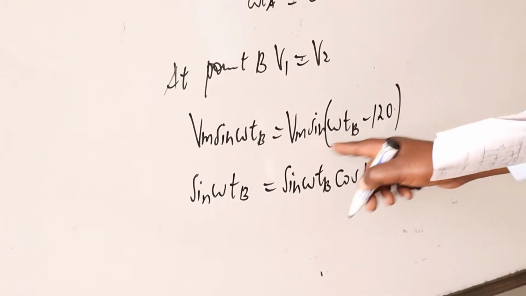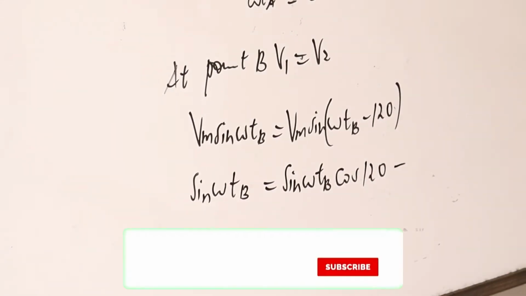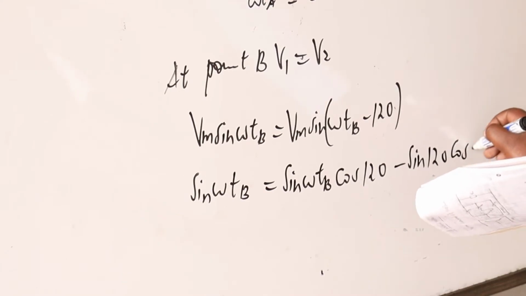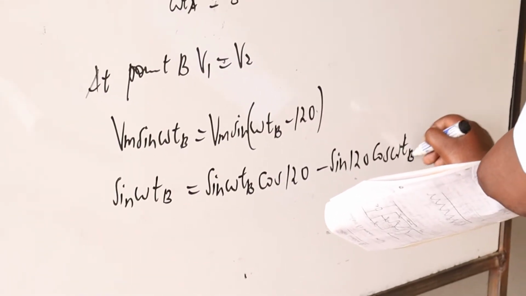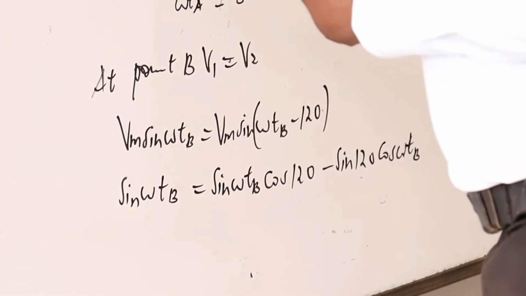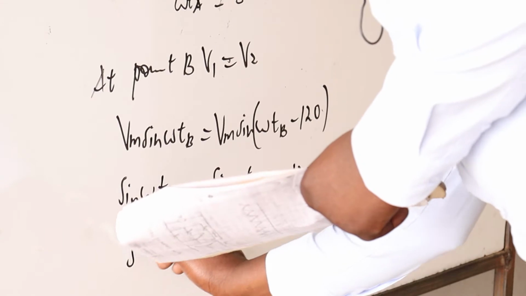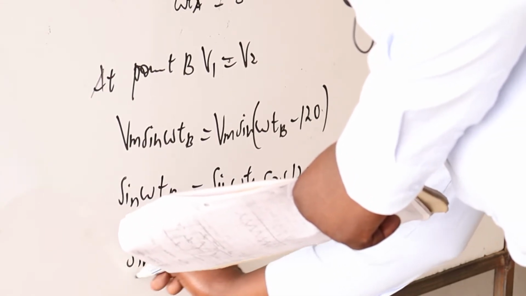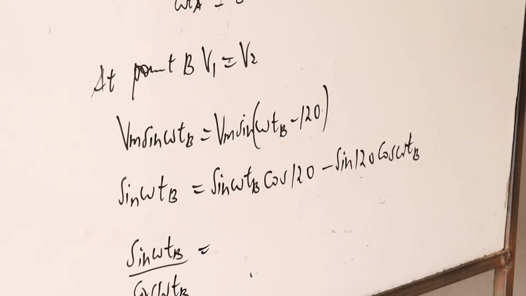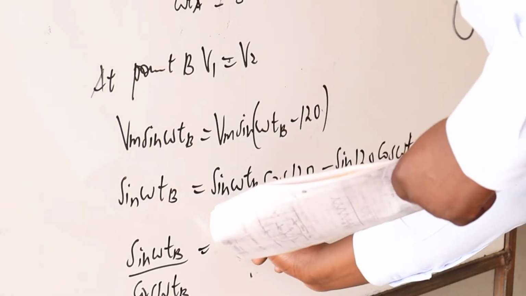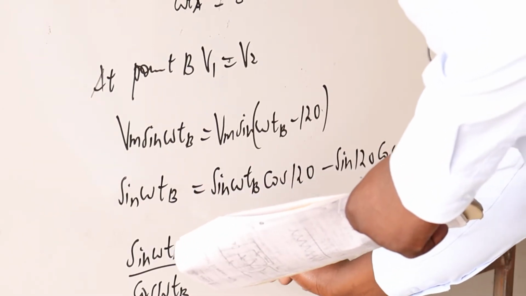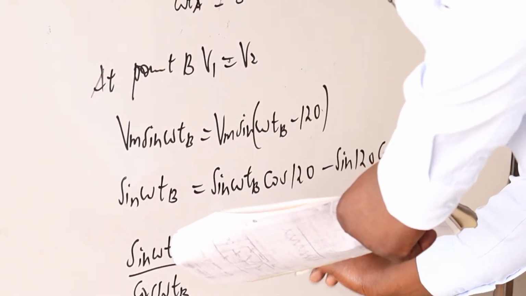So if we expand this it will be minus sine 120 cos omega t at point B. So this will also give us again sine omega t at point B divided by cos omega t at point B equals minus sine 120 degrees all over 1 minus cos 120.